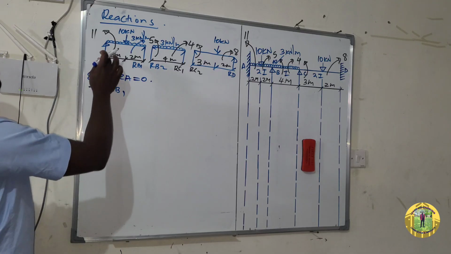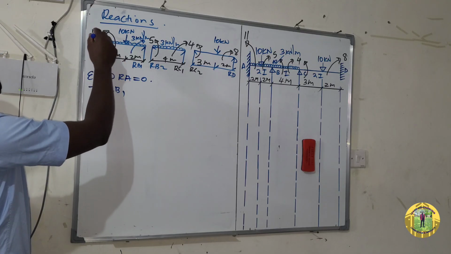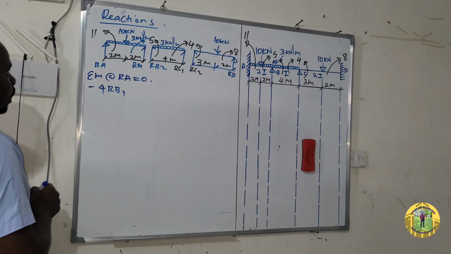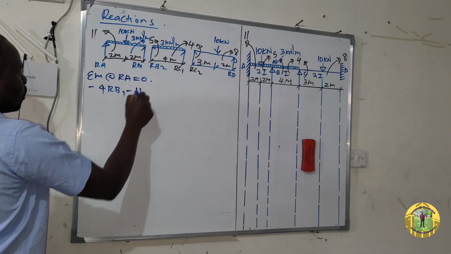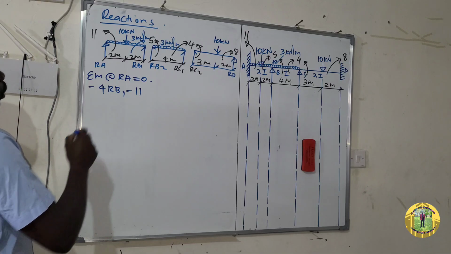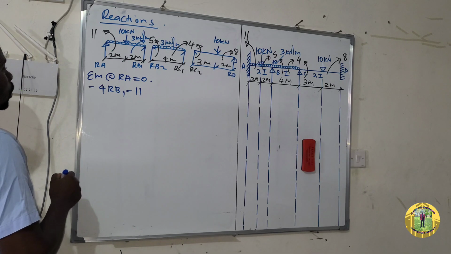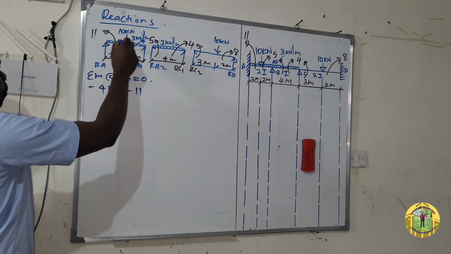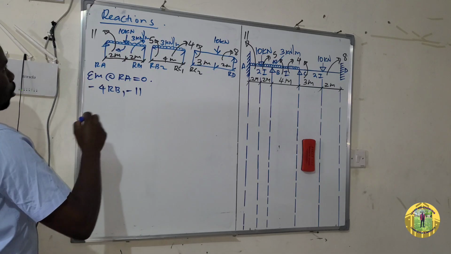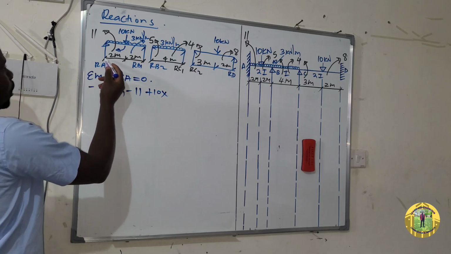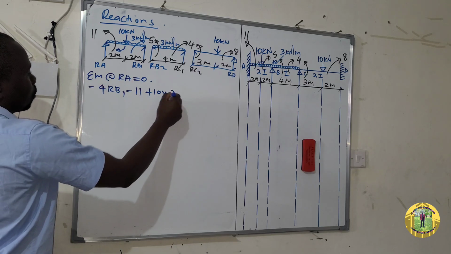Then we come to this moment, which is in the anti-clockwise direction, and that one will be minus 11. Then we come to a point load, which is 10 kilonewton. So it is moving in clockwise direction, this way. So plus 10, the distance from here is 2.